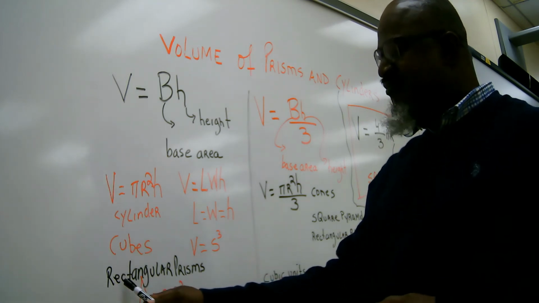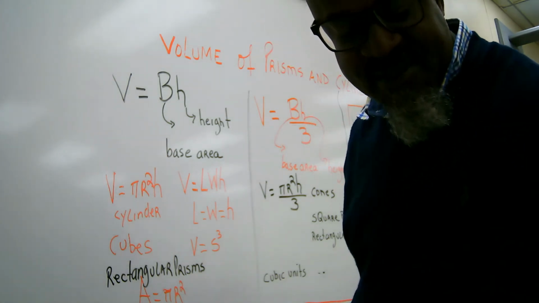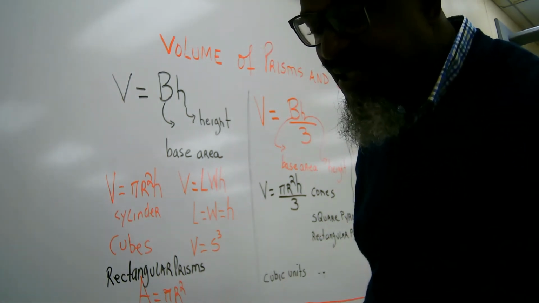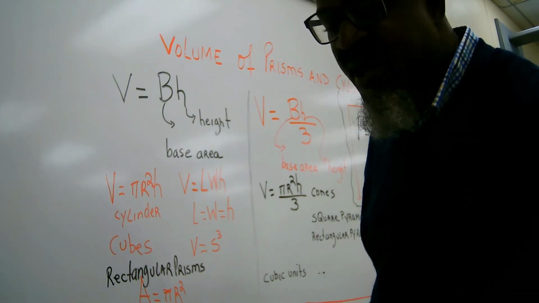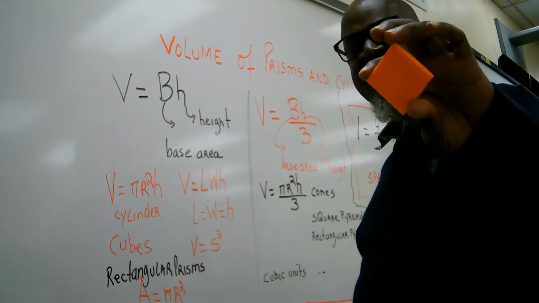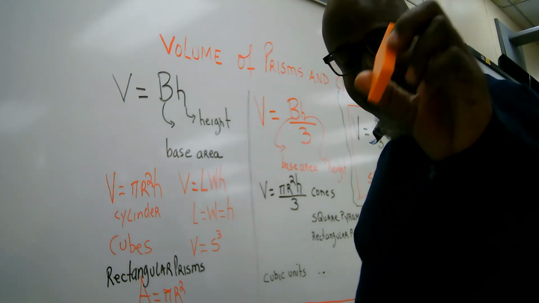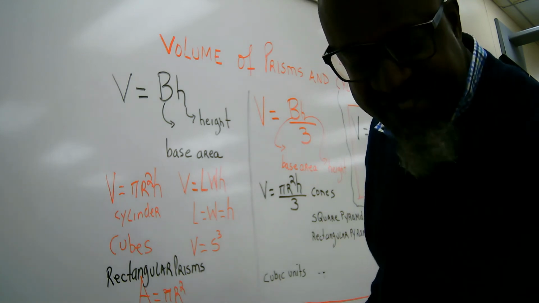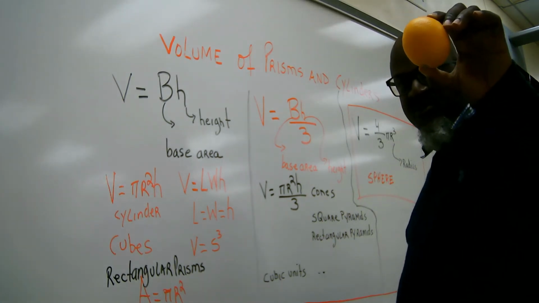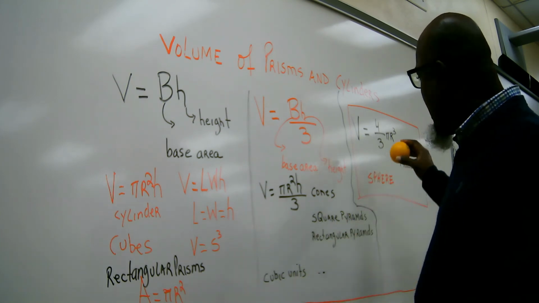And that also works for a rectangular prism. The only difference between a cube and a rectangular prism is that for a cube, the faces are squares. For a rectangular prism, the faces are rectangles. The length, the width, and the height are not necessarily going to be the same. So remember, for a sphere, you use the formula 4/3 pi r cubed.